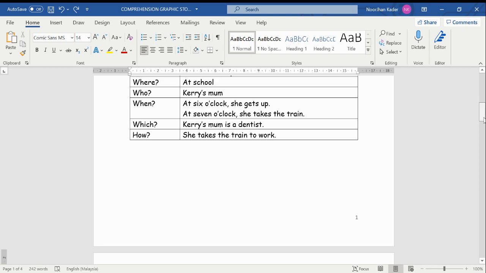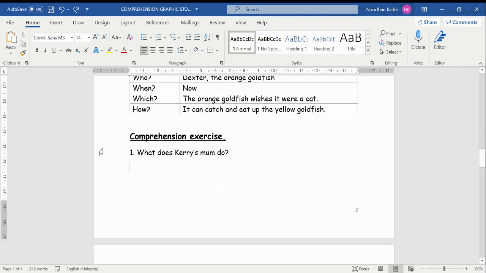So we will write here. From the story, from frame one, we know that Carrie's mom is a dentist. I am using the red font.